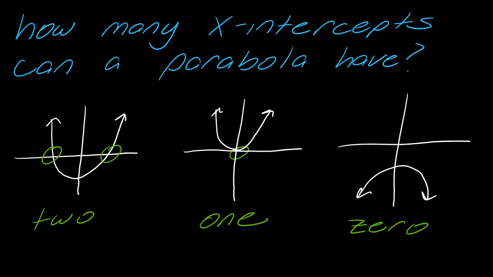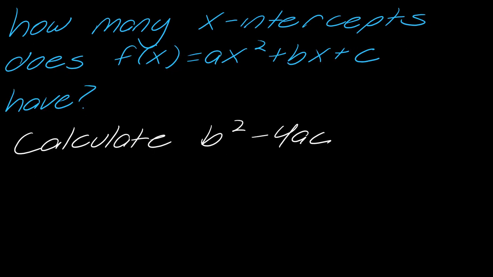So the question is, how do you know how many x-intercepts a quadratic has? If you are looking for a way to double check yourself, you can calculate b squared minus 4ac. You look at your equation, choose out the a, b, and c, and calculate this. You might remember that this is also known as the discriminant.